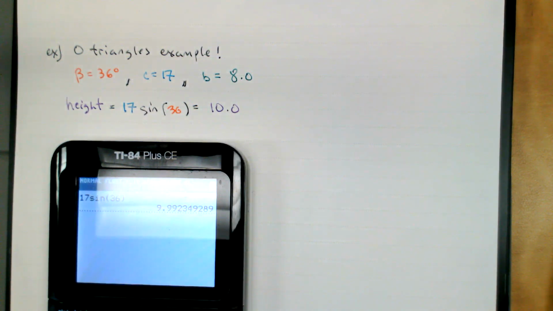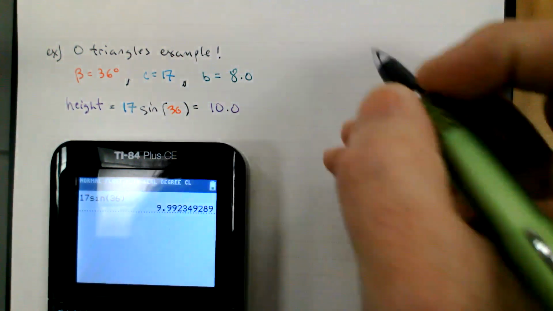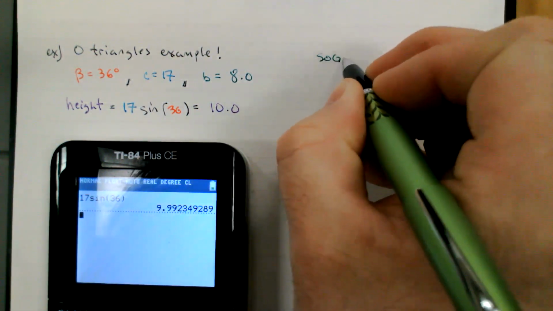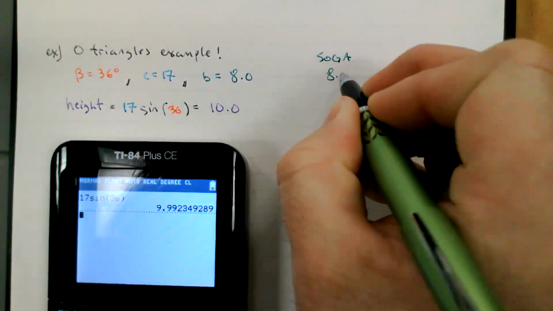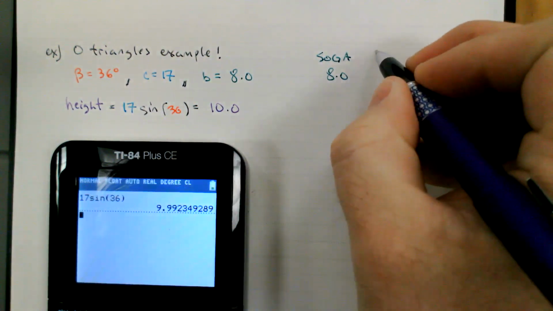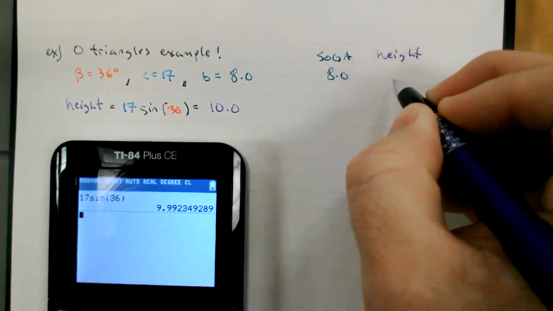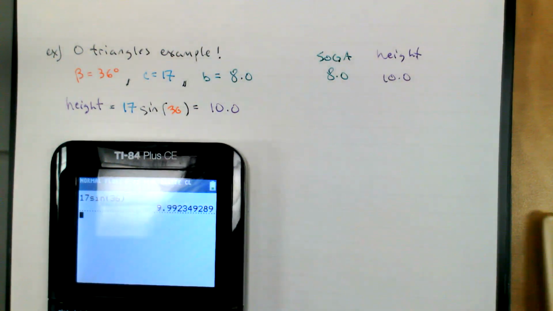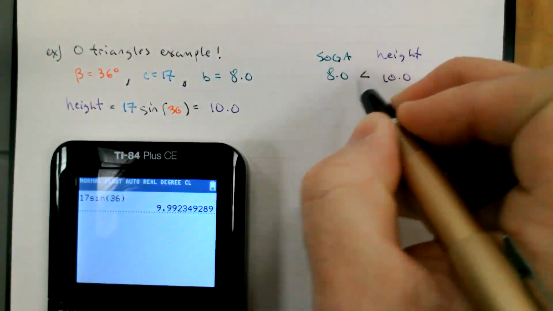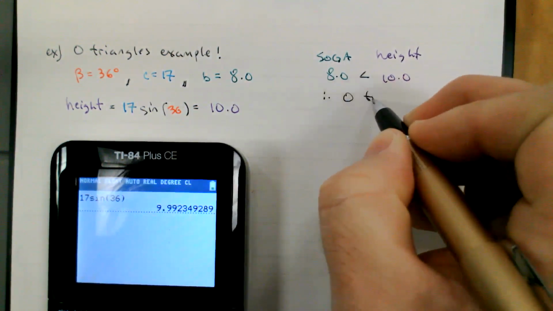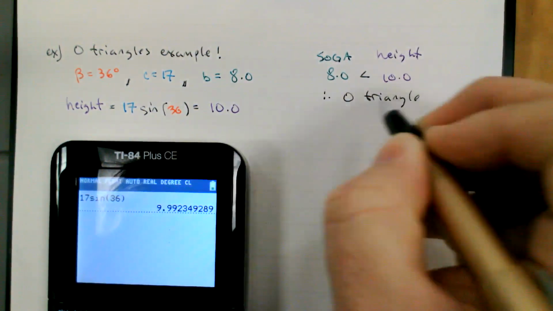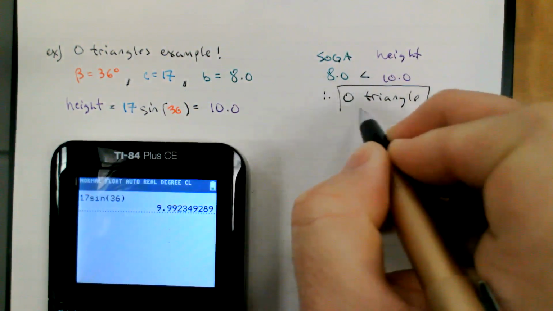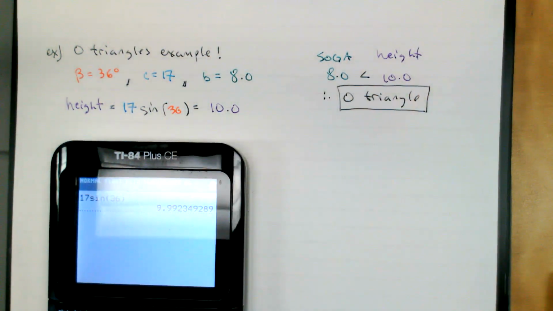The side opposite the given angle is less than the height, so there is no triangle. Ruling on the field, no triangle.